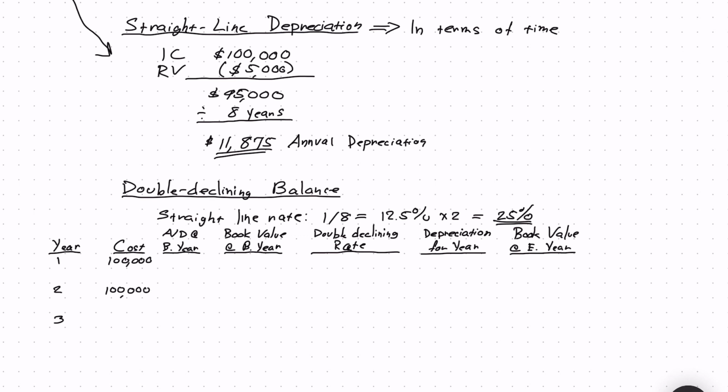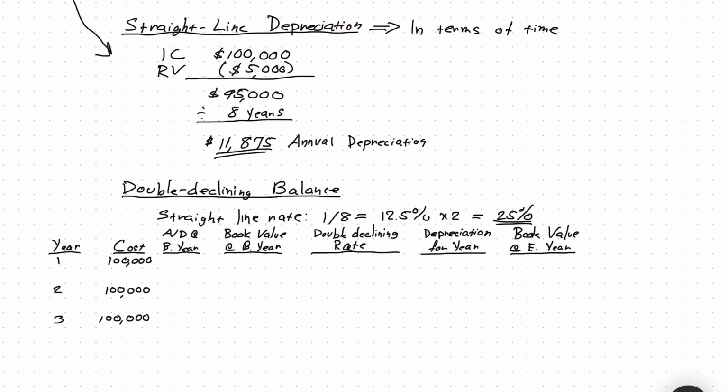So I'm just filling out a chart at this point. Now I'm going to go ahead and start talking about each of these items. So the first one we have here is our accumulated depreciation at the beginning of the year. So the accumulated depreciation is a contra asset account. We recognize that as a reduction in the value of an asset.